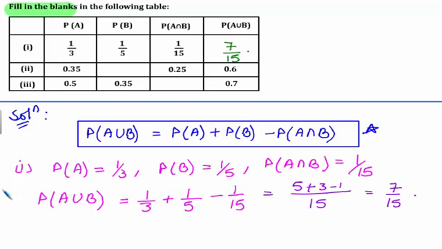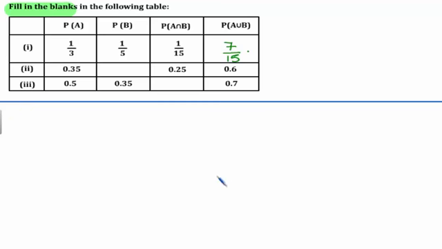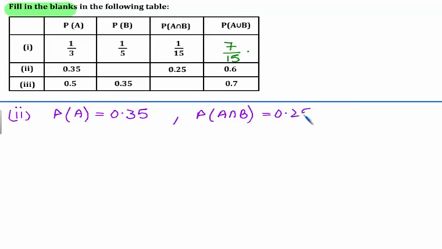Now let us solve the second part. In the second part, we are given probability of A, which is 0.35. Also, we are given probability of A intersection B, which is 0.25. We are also given probability of A union B, which is 0.6.